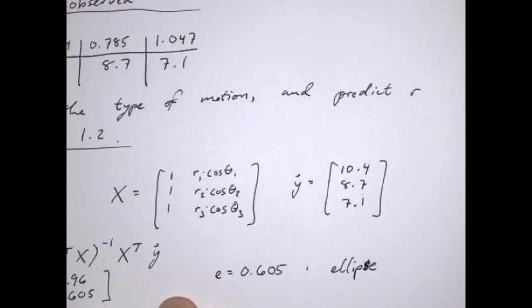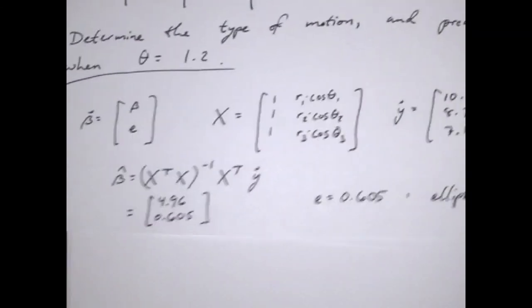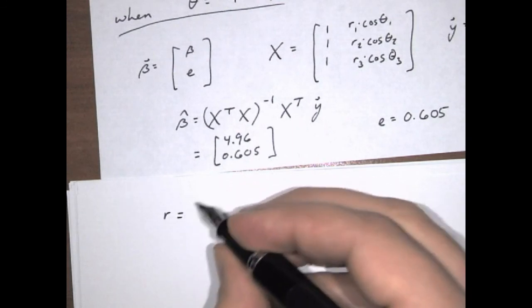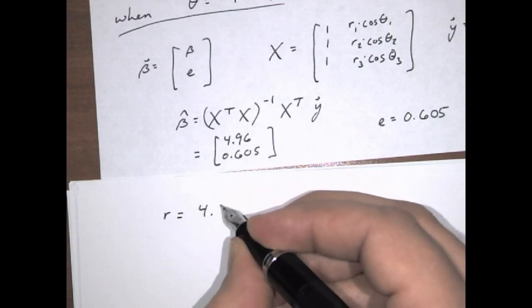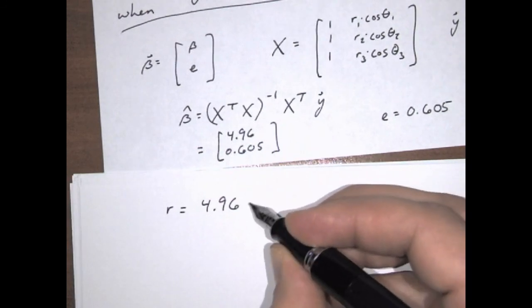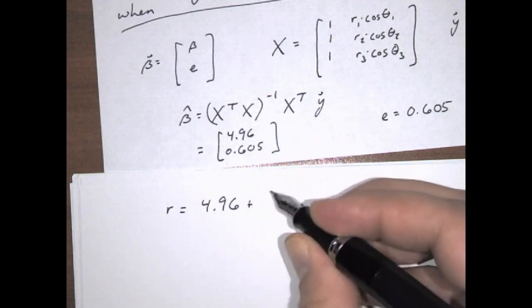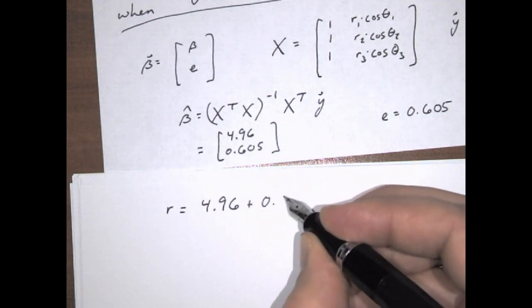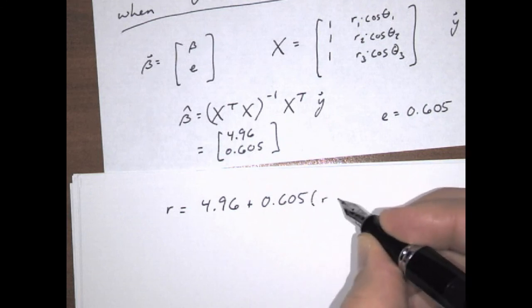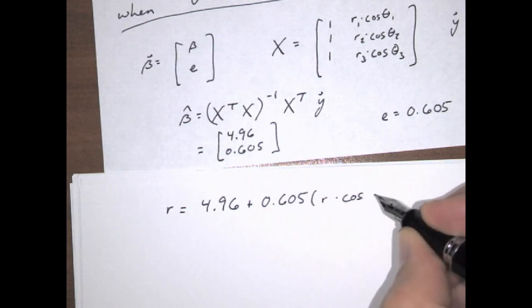And then as far as the predicted R when theta equals 1.2, what we'll just do is calculate away. So R equals, so there's one little catch here, 4.96 plus 0.605 times R times cosine of 1.2.